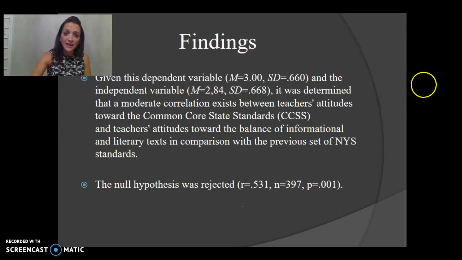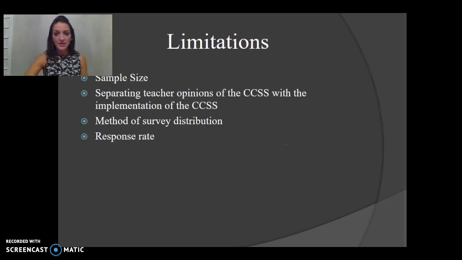And here you'll see that the correlation coefficient for these two variables is 0.531, so a little bit higher. And again, this is another moderate linear correlation between teacher attitudes of the Common Core and their feelings on this new balance in comparison to the previous set of New York State standards.